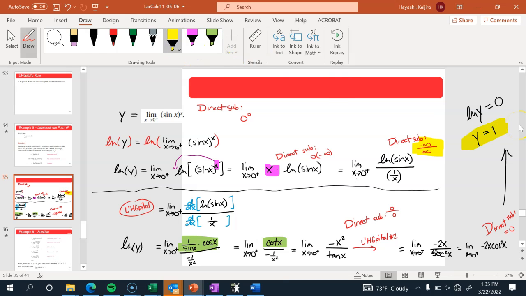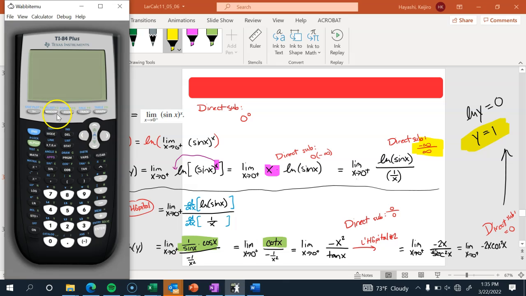And that's what your original limit is, which you can tell if you were to throw this into a graphing calculator. You can see as it approaches x equals 0 from the right-hand side, it appears to be approaching a value of 1. So this is corroborated by the graph.